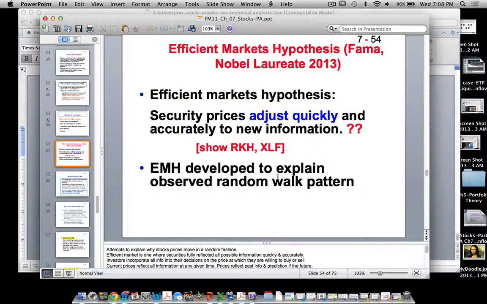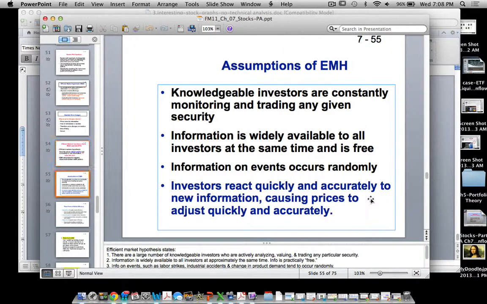The efficient market hypothesis was developed to explain the observed random walk pattern. What are the assumptions of EMH? Remember, this was constructed in the late 60s and 70s, and some of them are so true, and some of them have been relaxed because of technology and changes in the market space.